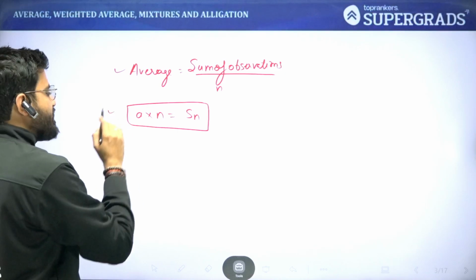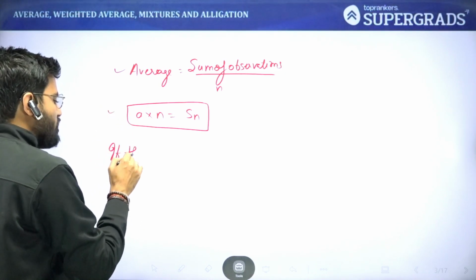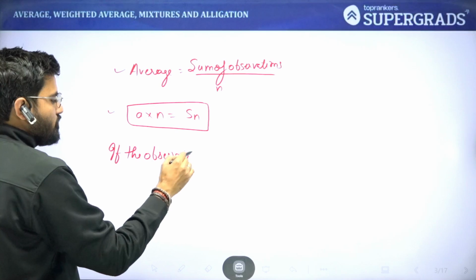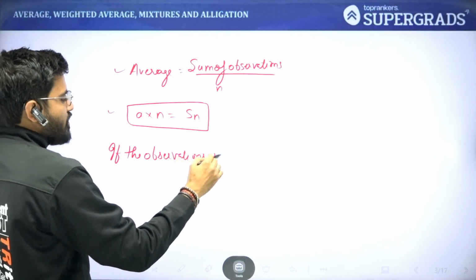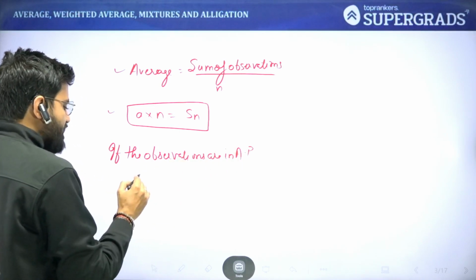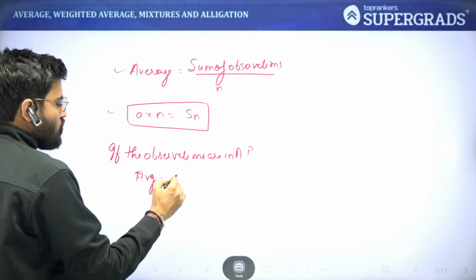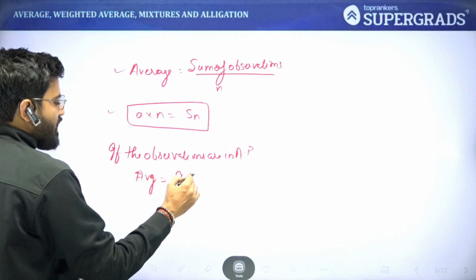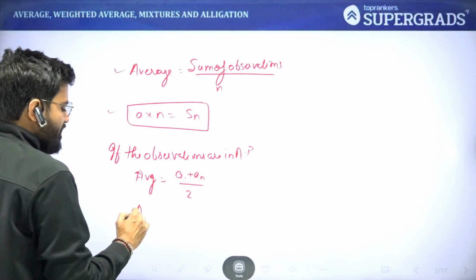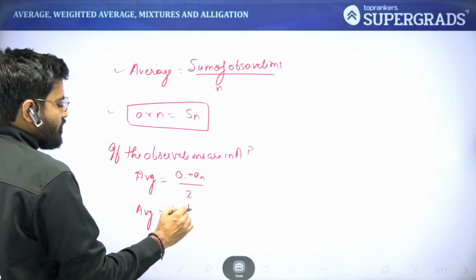But if the observations are in AP, then what happens? Then average will be equal to first term plus last term divided by 2. Or you can write average as the middle term if you have an odd number of terms.